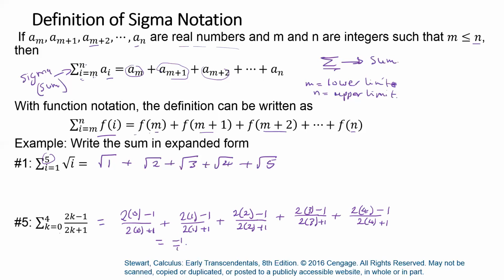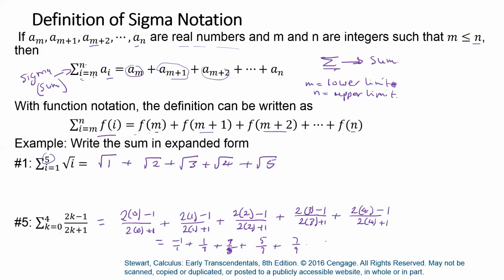Now if you simplify this, you're going to get minus 1 over 1 plus 1 over 3, and then if you simplify it, you have 3 over 5, plus the next one, 5 over 7, plus 7 over 9.